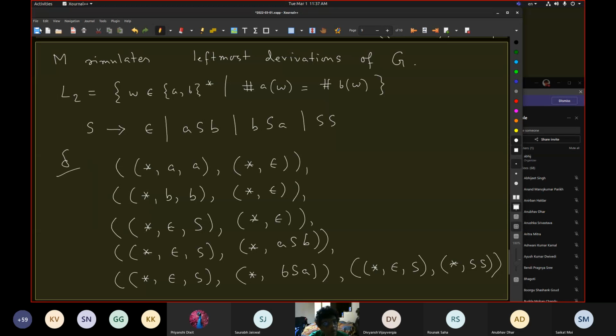Okay. So let us see something like this. Consider this input A, B, A, or A, B, B. So this is in the language.